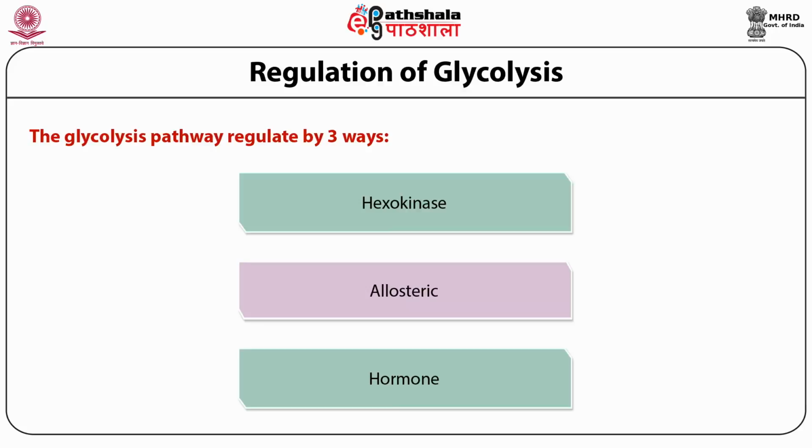Hexokinase is highly sensitive towards glucose concentration in blood. Glucokinase, found in liver as well as in certain cells in pancreas, intestine, and brain, requires much higher glucose concentrations for optimal activity, and it is not inhibited by glucose 6-phosphate.